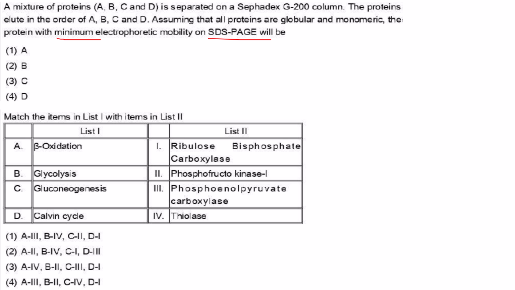So D is the smallest protein, with low molecular weight, and it will elute last.